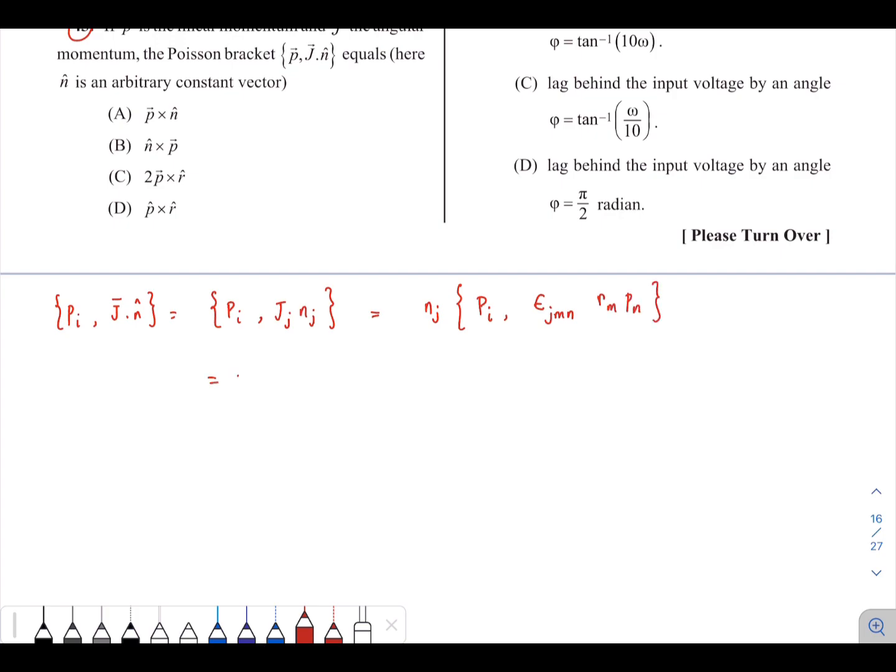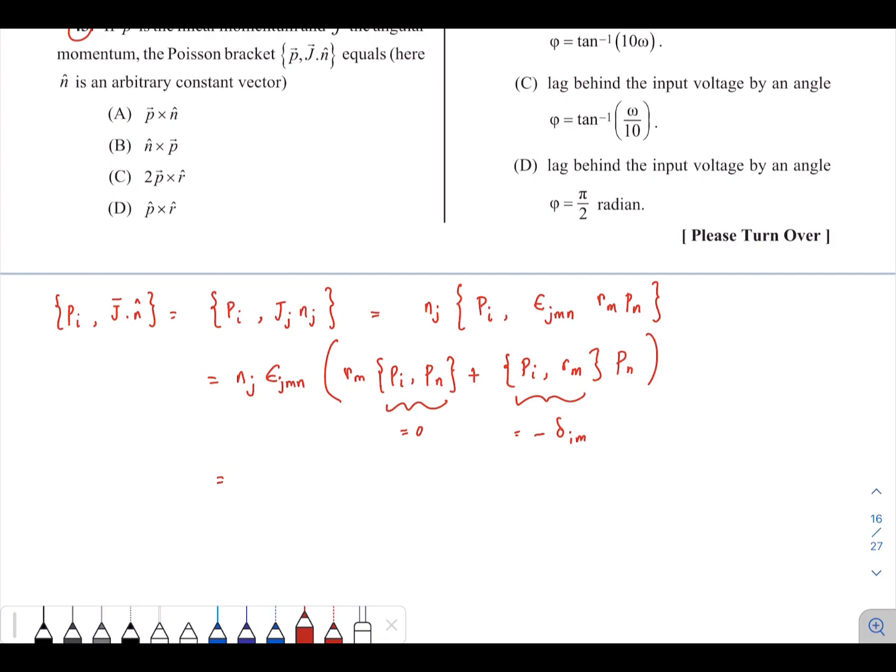From there we can take epsilon_jmn out and use the properties of Poisson bracket, that is r_m {Pi, Pn} plus {Pi, Rm} Pn, where Pn stays outside. So the first is equal to 0 and the second is equal to minus delta_im.